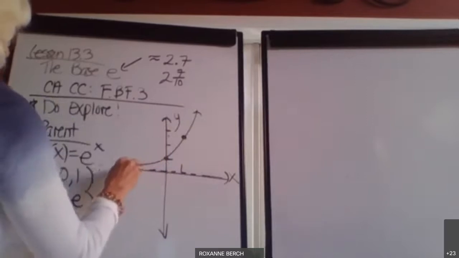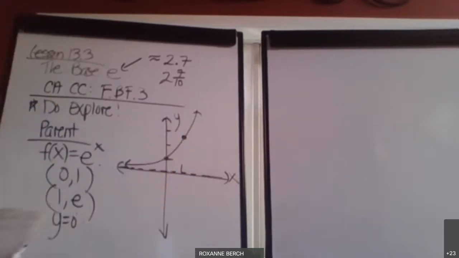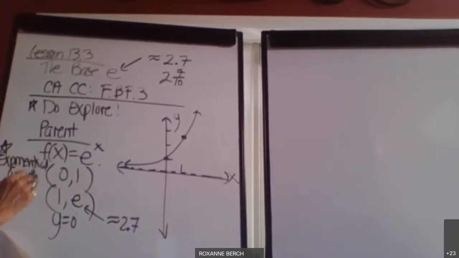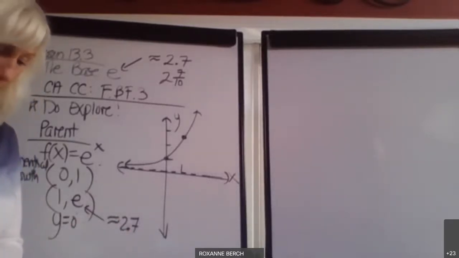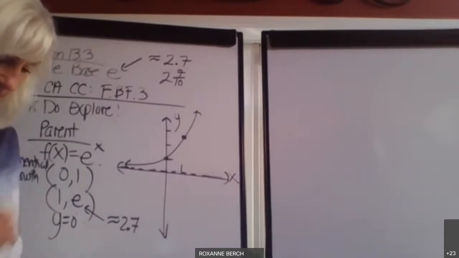That's it. So this number is about 2.7. So that's really it. Just need to remember that E is about 2.7.